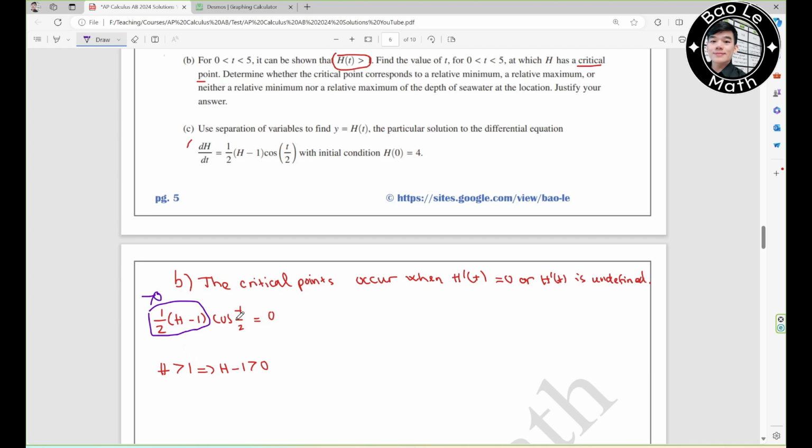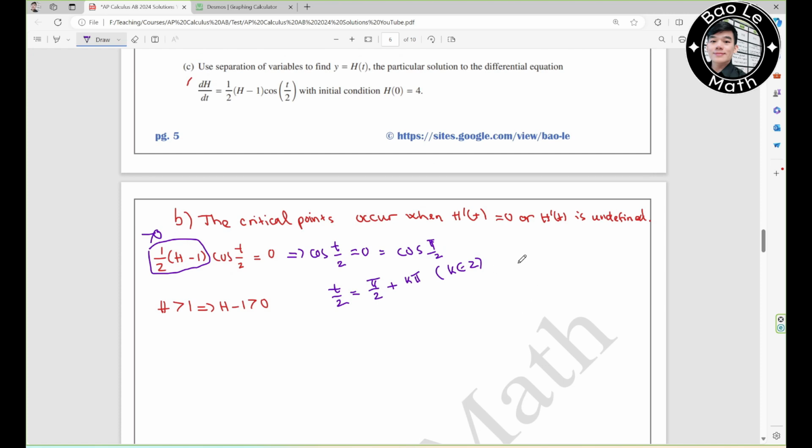So this factor multiplied by this factor equals 0 only if cosine of t over 2 equals 0. But 0 is going to be cosine of pi over 2. So we have t over 2 equals pi over 2 plus k pi, for k an integer. Because we look at the unit circle right here.